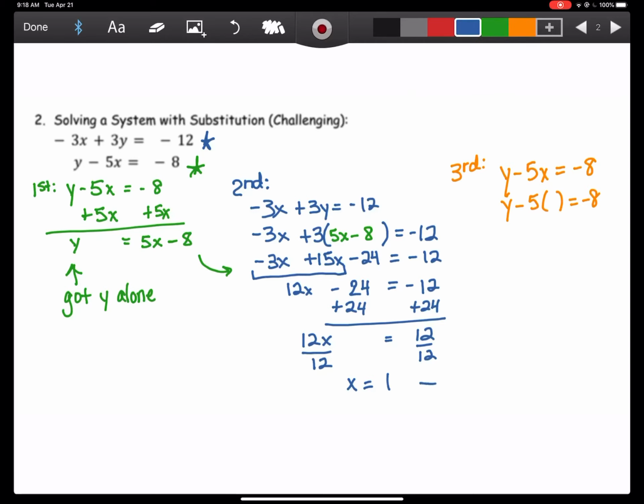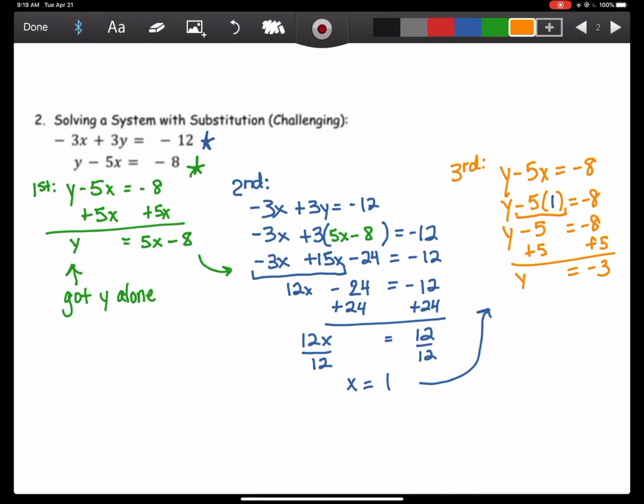Substitute what you found, x equal to 1, and then keep working. y, and then this makes negative 5. So now it's y minus 5 equals negative 8. Add 5 to both sides. y equals negative 3.